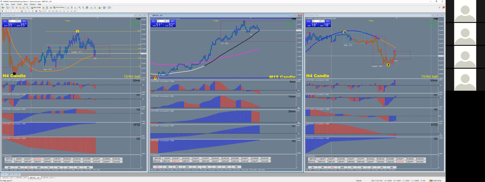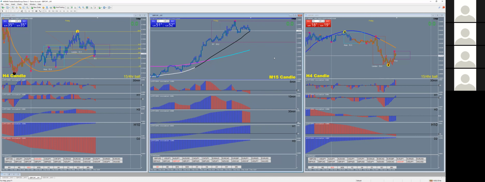What do you guys think? To complete this 2-ball retracement.